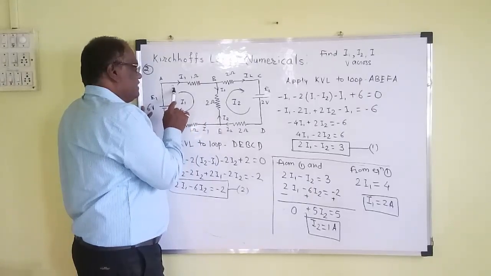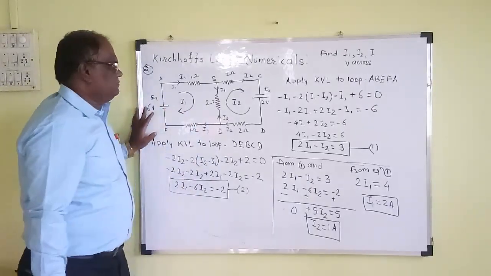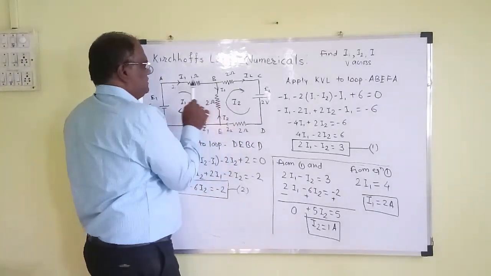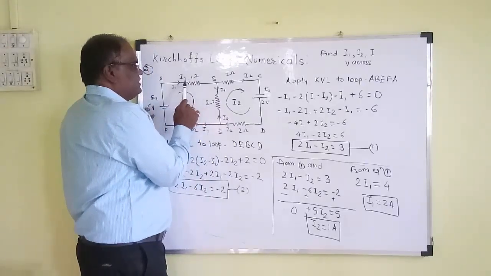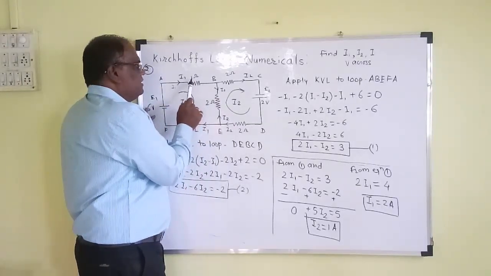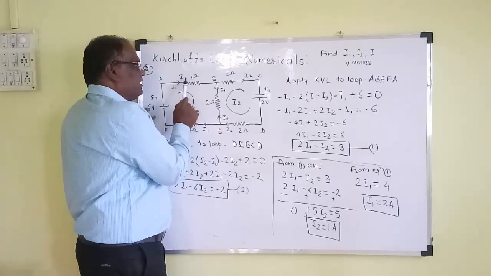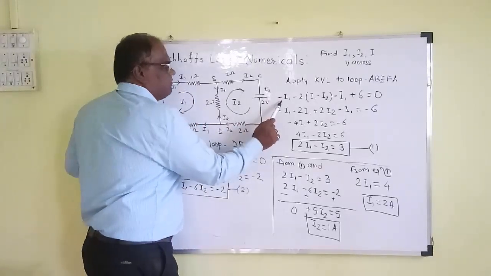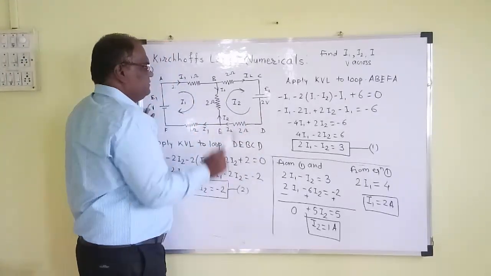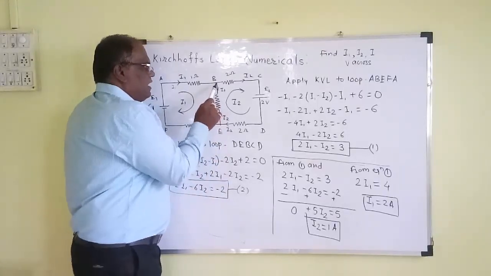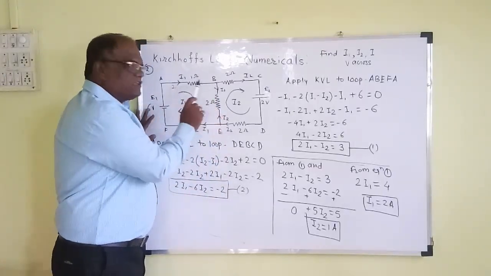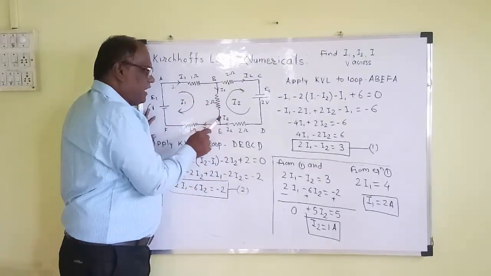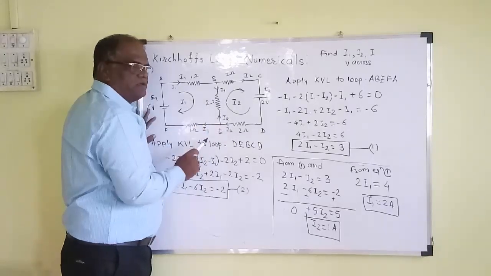Now we are moving in the direction of current I1. Hence the potential difference should be written negative. Resistance is 1, current is I1, hence minus 1 I1. Here we are moving in the direction of current I1, and I2 is opposite to I1.